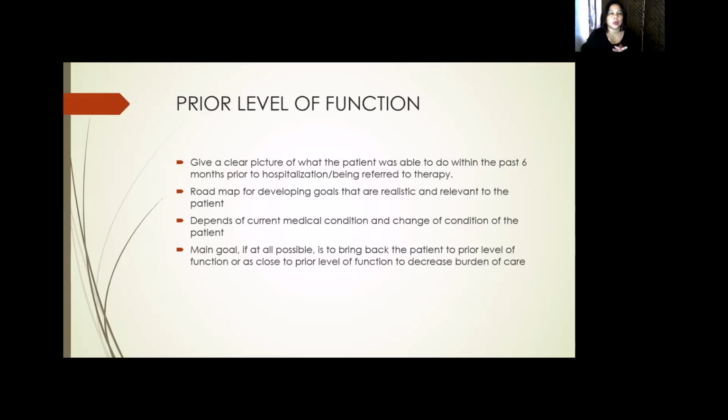So although we have a prior level of function, we have to consider what is the change in the condition of the patient, and consider that in making the goal as well. So as therapists, our main goal is to bring back the patient to prior level of function or as close to prior level of function to decrease the burden of care.